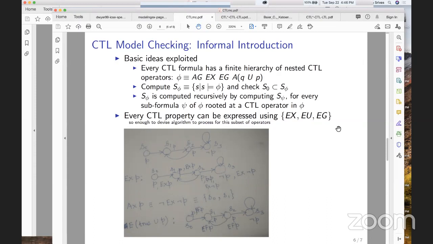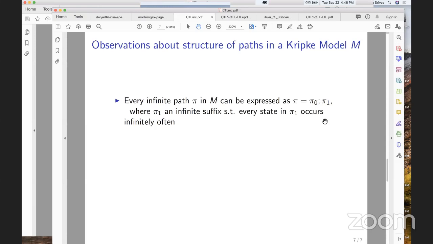Now, for EG, this is a bit more complicated, okay? The states satisfying EX and EU can be accumulated by starting with P and working your way backwards, whereas EG requires somewhat more complicated handling.